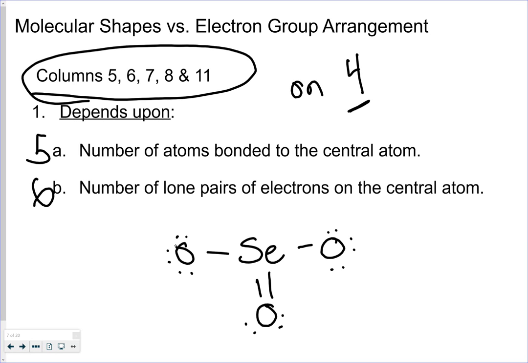So you had 2, 4, 6, 8, 10, 12, 14, 16, 18, 20, 22, 24. When we're talking about bonded to the central atom, there are 3 oxygens bonded. That double bond is still the same atom bonded there, it's just bonded twice. Lone pairs, you're looking around Se. There are no dots around Se, so there would be a 0. That's how we're going to count them.